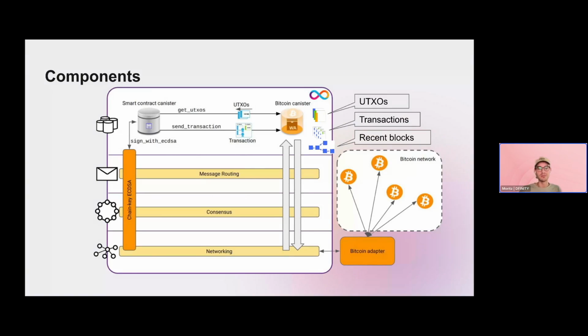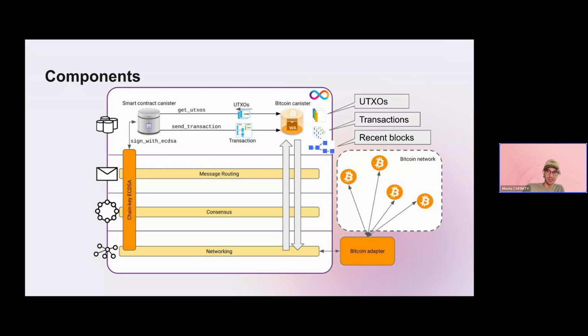The Bitcoin canister holds the on-chain Bitcoin related state: the full UTXO set, outgoing transactions that canisters want to submit to the Bitcoin network, and also the most recent blocks to allow for fork resolution if necessary.